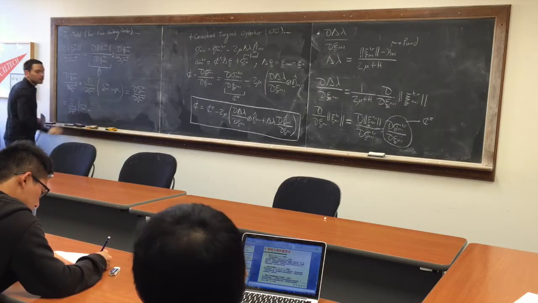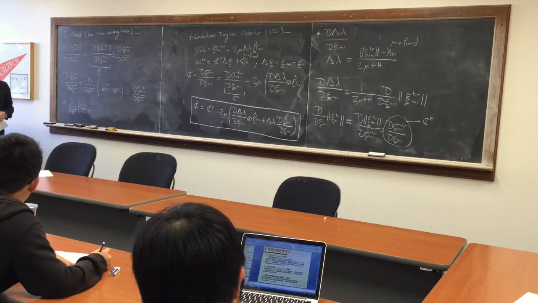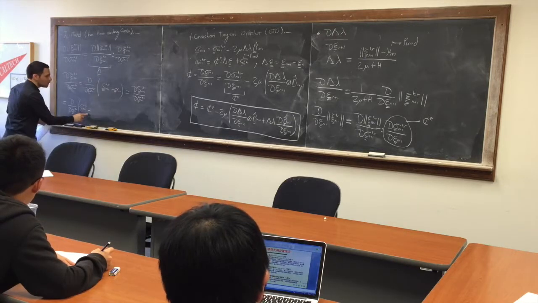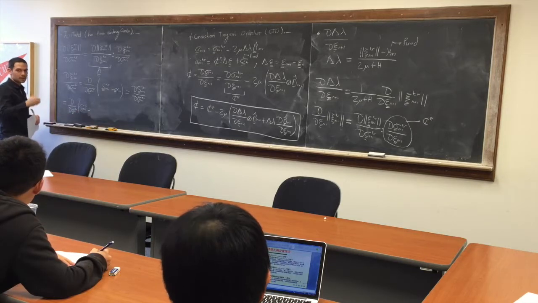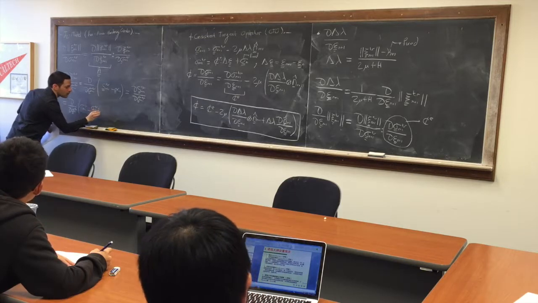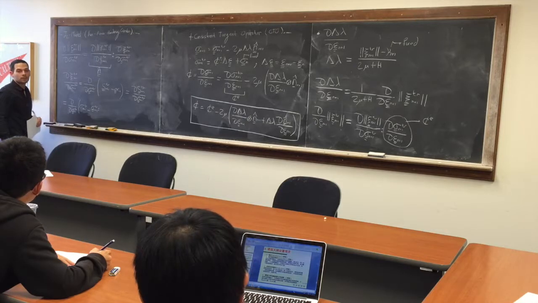minus the pressure times the identity, right? But the pressure is the trace divided by 3, and the trace is sigma n plus 1 trial double contracted with the identity.